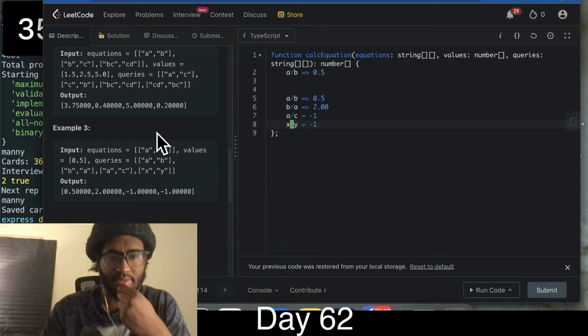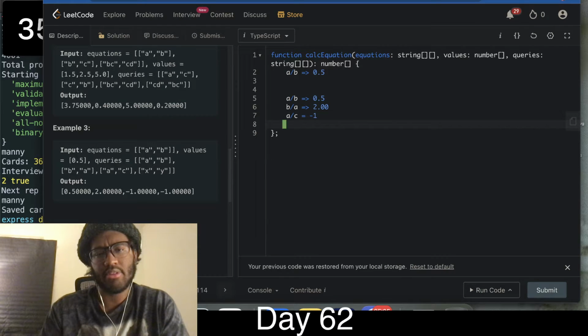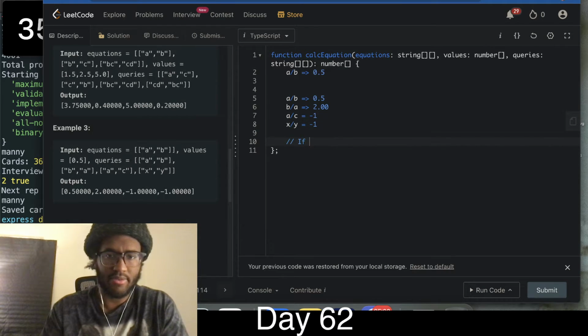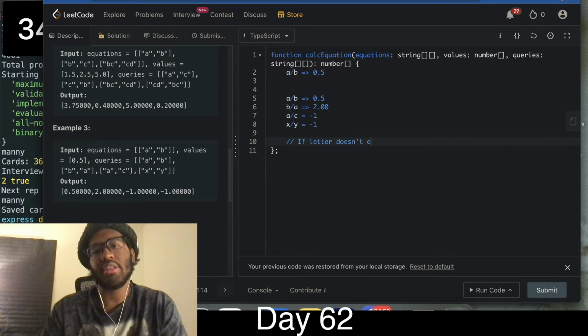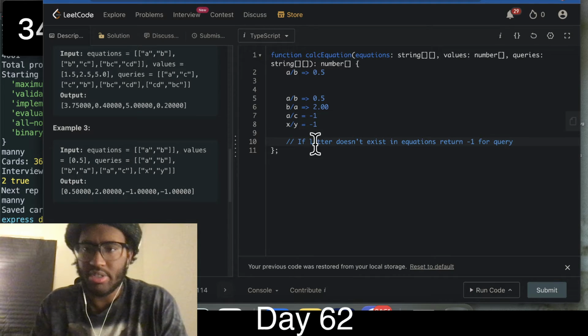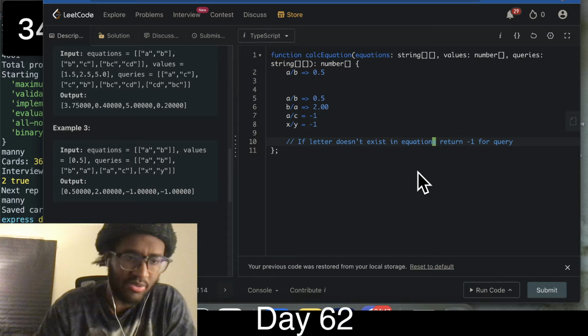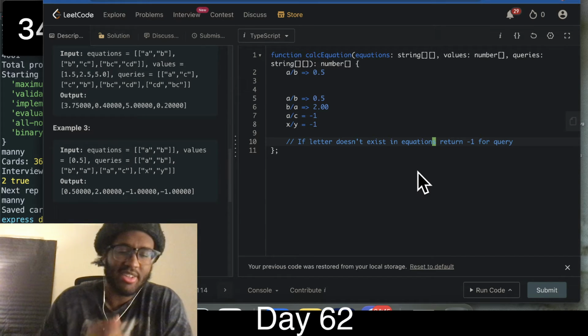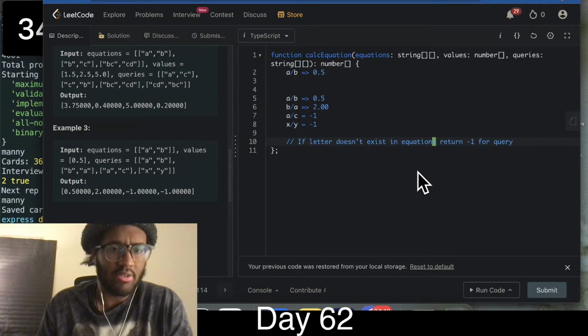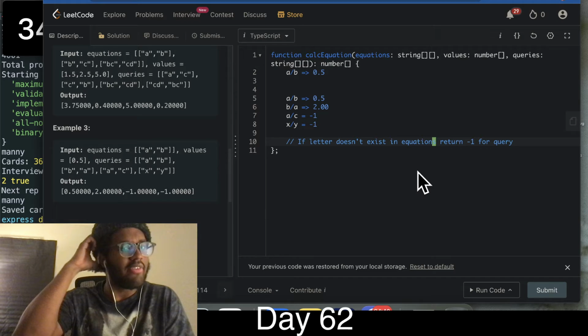So you know that if a letter doesn't exist in the equations, then we will return -1 for the query. So if a letter doesn't exist in the equation, then we want to return -1 for the query. AB, so we have A divided by B.